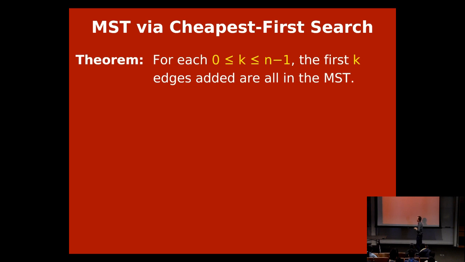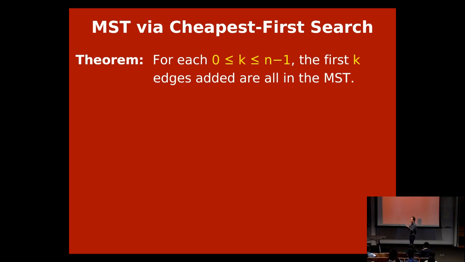Okay, so that's our theorem. And again, we're going to try to prove it by induction. So what we're going to really prove is that n minus 1 edges get added in the end. We're going to prove that for each k, the first k edges all belong to the minimum spanning tree. And if we prove that for all k, then in particular it's true for k equals n minus 1.